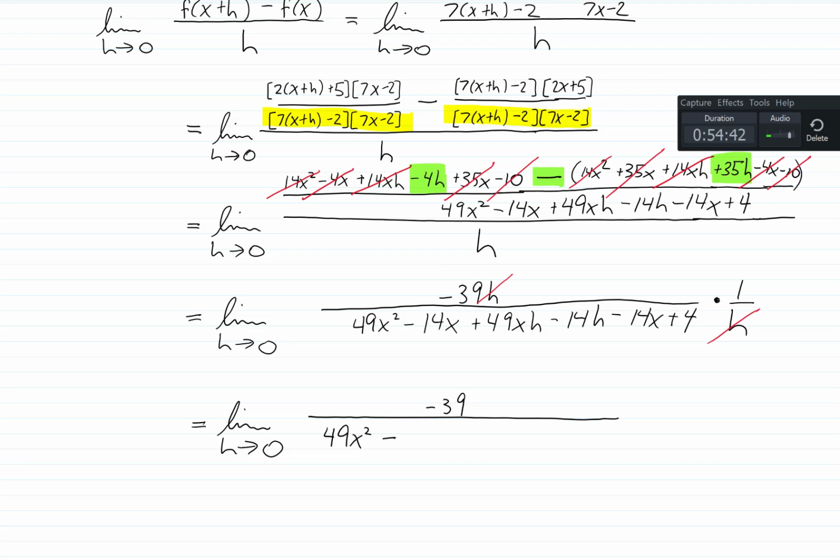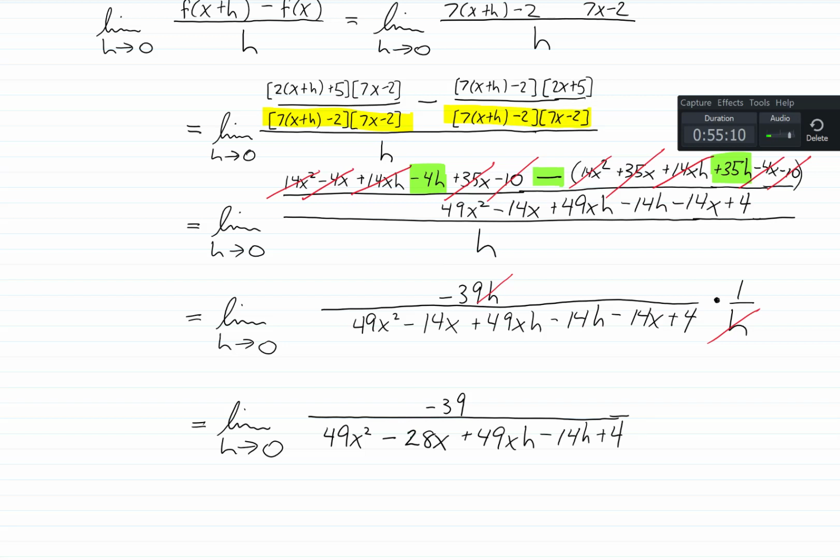If it's okay with you, I'm going to take this negative 14x and this negative 14x, because they're like terms, I'll put them together and write negative 28x. Okay, that's the only like terms I see. And then we have a plus 49xh and a minus 14h and a plus 4.